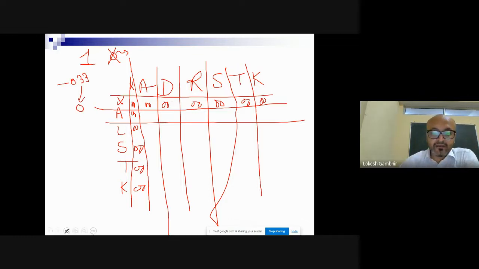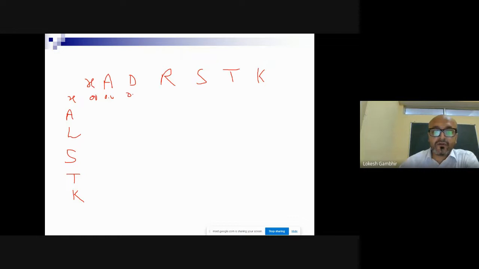So how do they align? Let me put it in a clear manner. T K. Let us align. Here is the dummy part, and then A L S T K. So how did they start populating? This is 0.0. This is again 0.0.